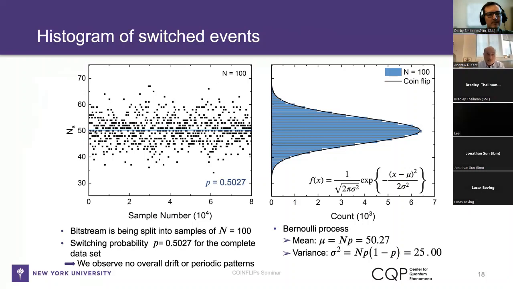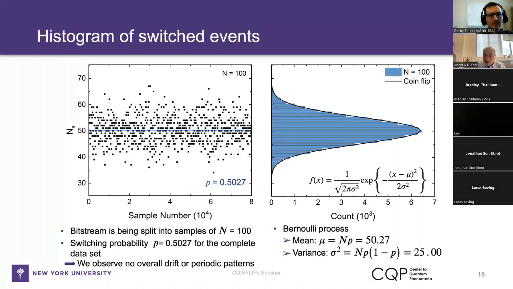So you'd expect if it's a perfect coin in a sample of 100, it would switch 50 times. And then we just repeat that, and you can see that we get a stream of bits. It sometimes has very large numbers of flips or very small numbers, and we get an average. Average is not exactly 0.5, it's 0.5027.